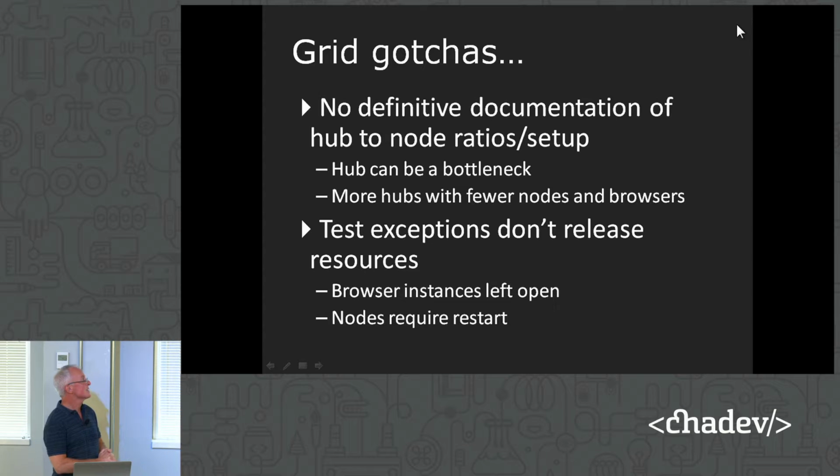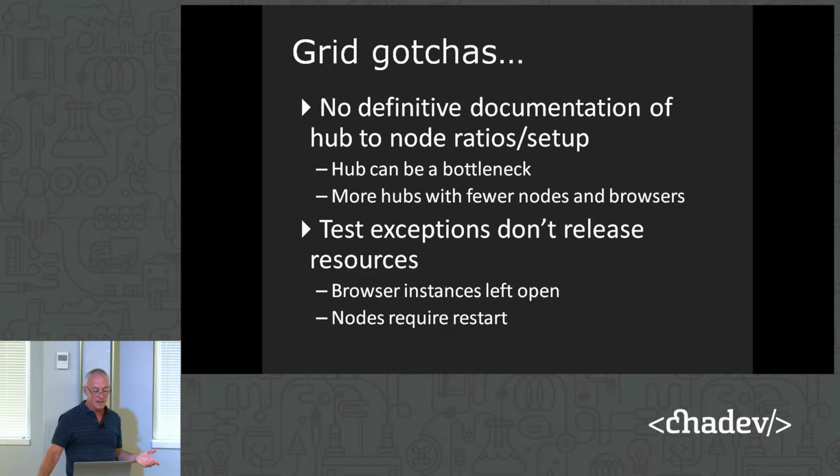So there are a few gotchas when using the grid. One thing, and we're struggling with this, is there's no definitive documentation of how many nodes you should add to a hub and how many grids you should put on a single server. Of course, there's the physical constraint of the server you're running on, based on CPUs and memory, but there's nothing really out there to tell you what's a good setup.